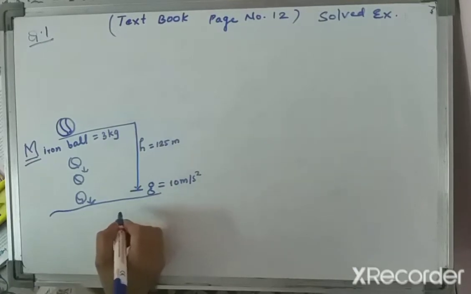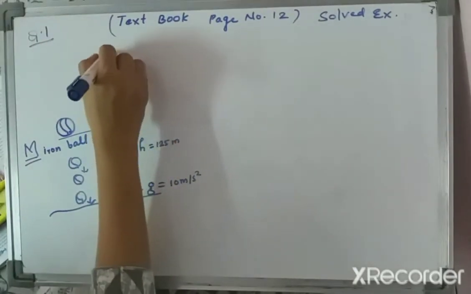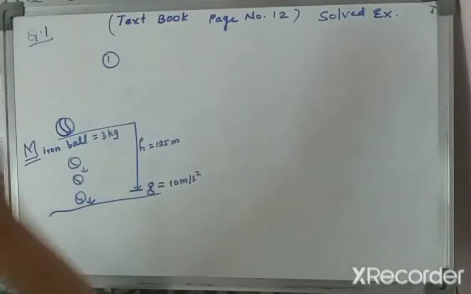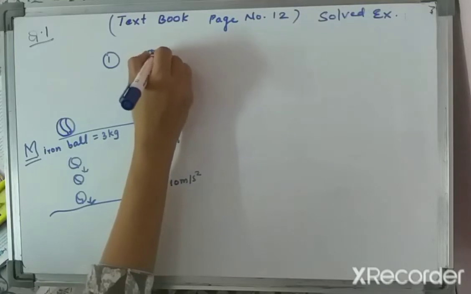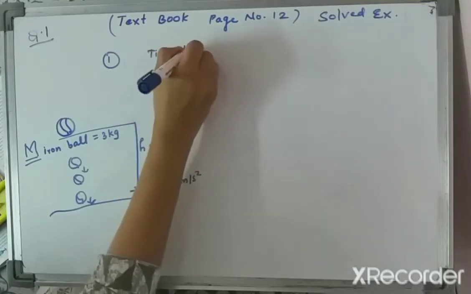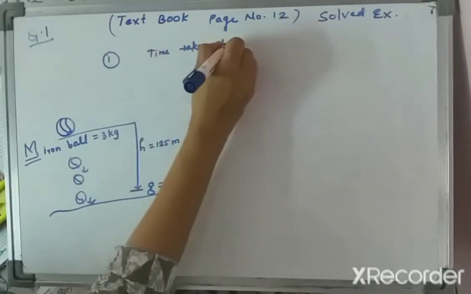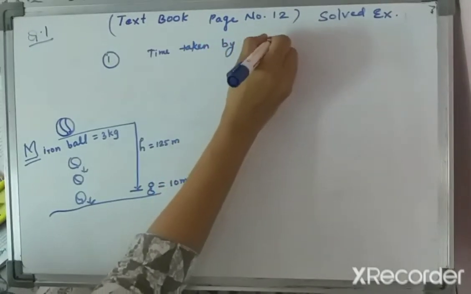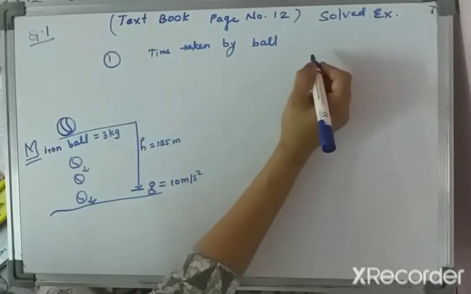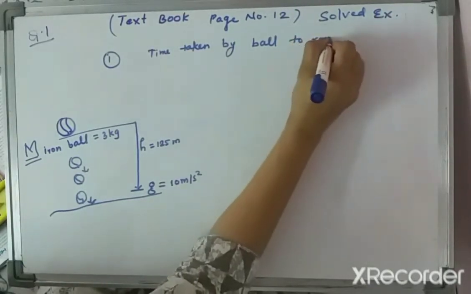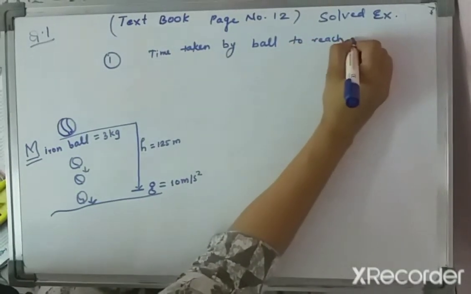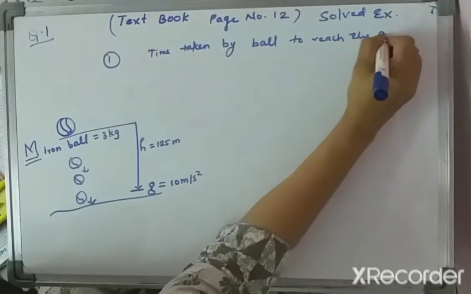We have to calculate three things. First, number 1, we have to calculate the time taken by the ball to reach the ground.